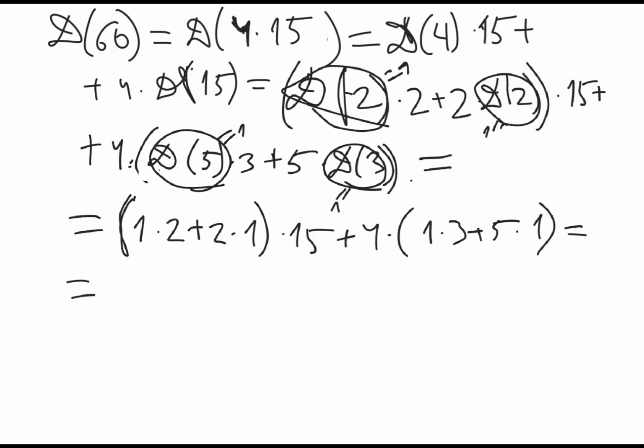And so this is equal to what? So 2 and 2 would be 4 multiplied by 15, plus 4 multiplied by 3 plus 5, this is 8. Right? So 4 by 15, this is the original number 60.